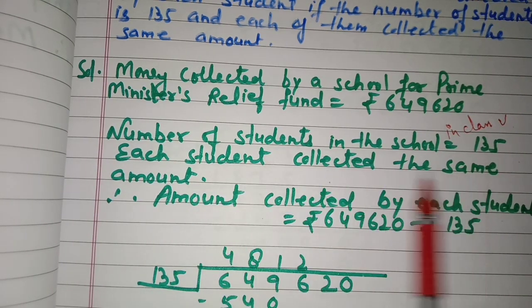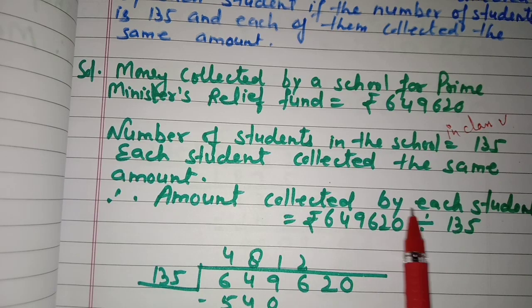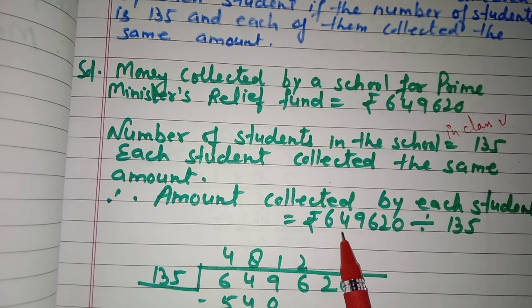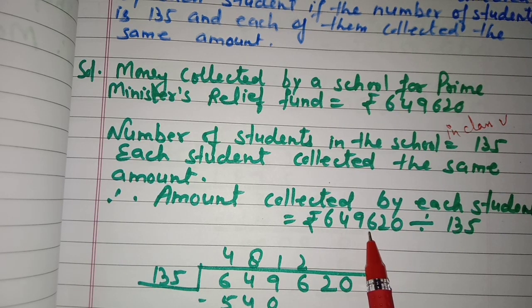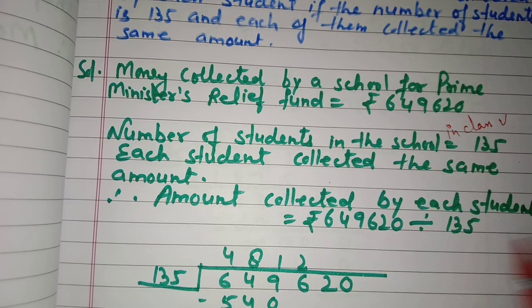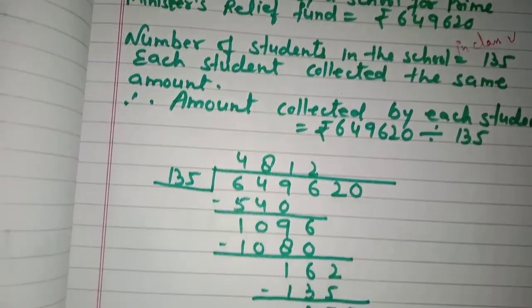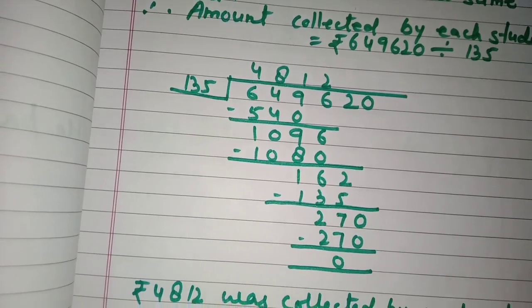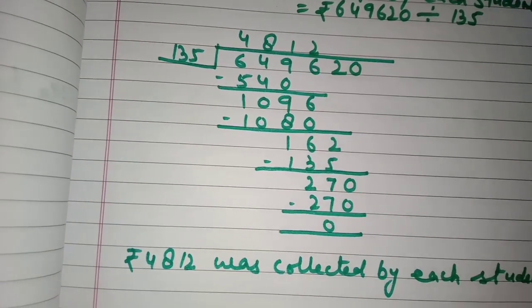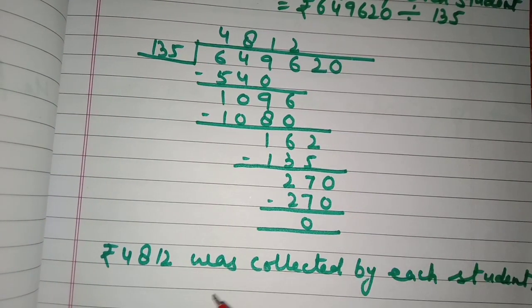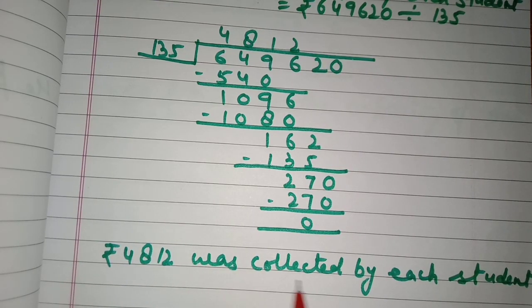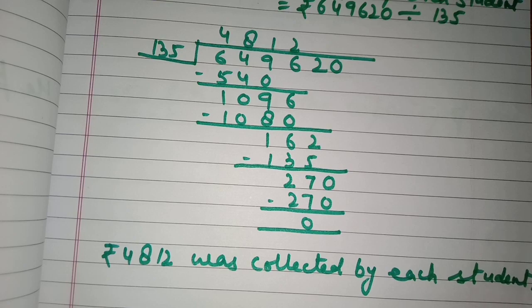Each student collected the same amount, therefore amount collected by each student will be, we need to divide rupees 6,49,620 by 135, and what we will get after division, we will get 4,812. So we can come to know that rupees 4,812 was collected by each student of class 5 of the school.